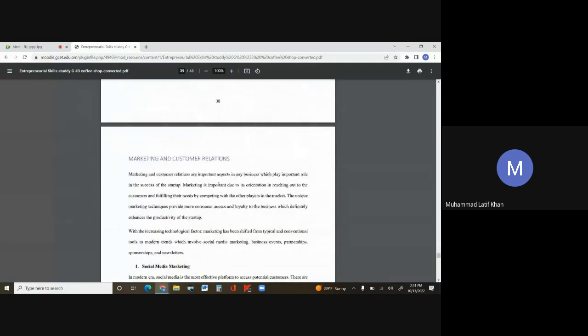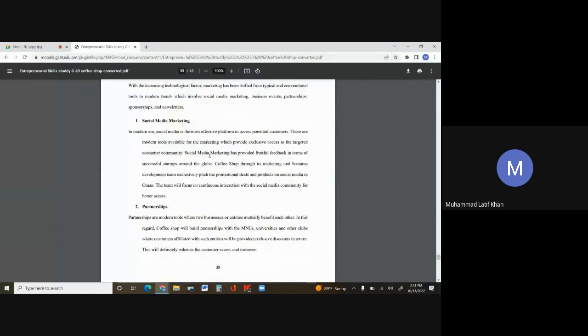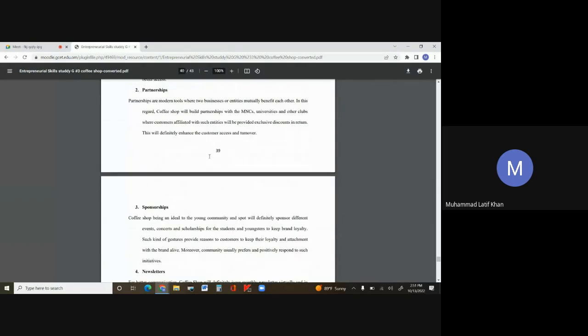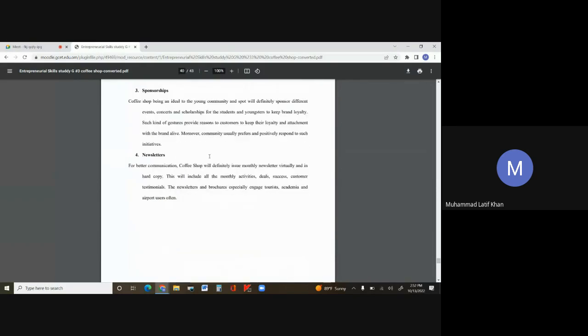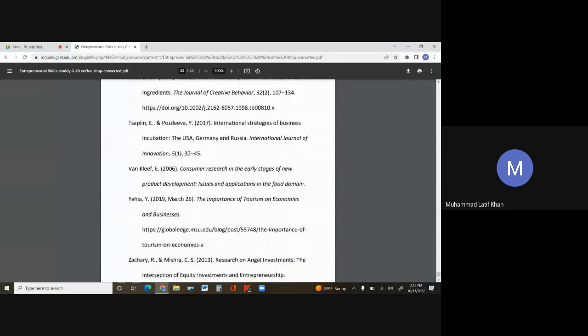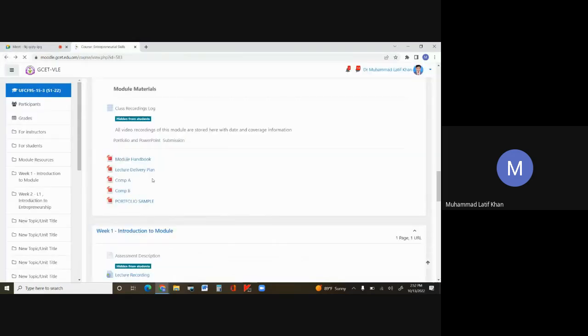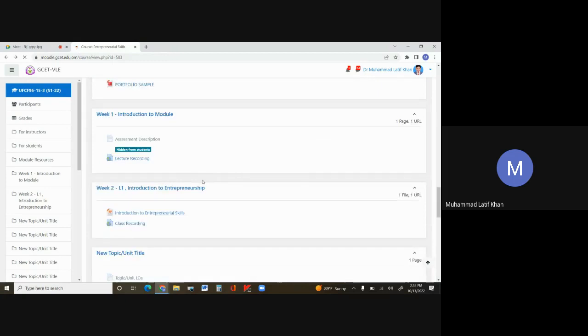So yeah, and how they are going to make a relationship with the people, strategies. They are using social media, partnerships, sponsorships, newsletters, and these are the references. So this sample is available in the Moodle, and anytime you can go over there and see the sample.